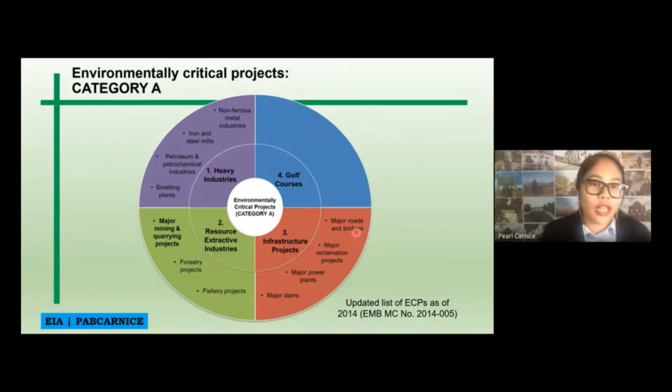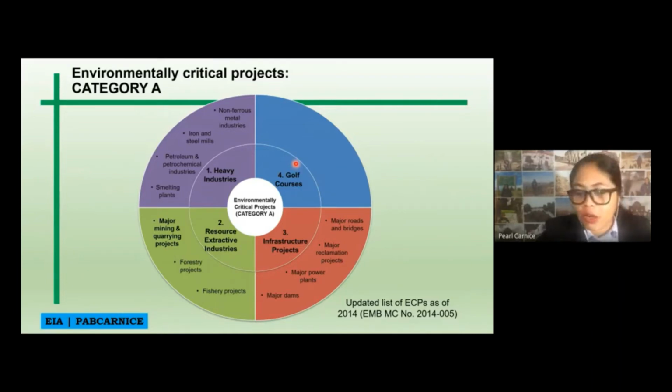I actually searched as of 2011. There are no additions to the list. But during my time in college, golf courses were not part of the environmental critical projects. They were not a project that would require an ECC.